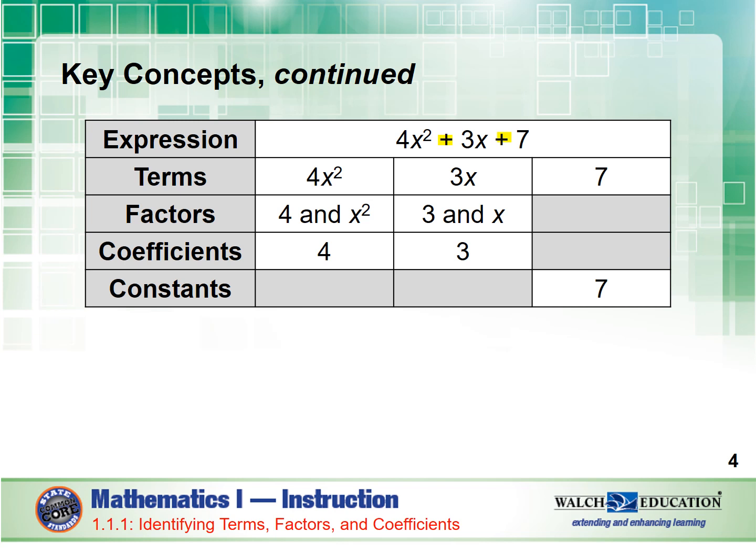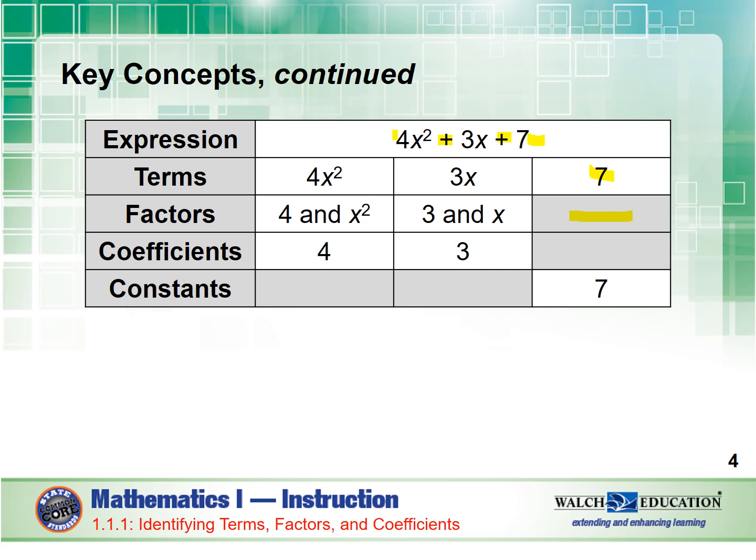Factors are things that can be multiplied out. So 4 is a factor, x squared is a factor, 3 and x are factors. But notice that there's not a factor here because there is no variable here. 7 is just 7. So 7 so far is a term, and that's it.